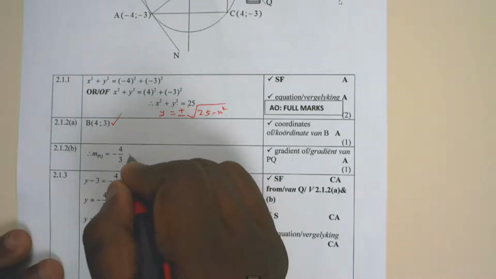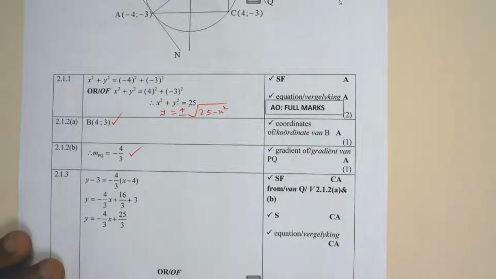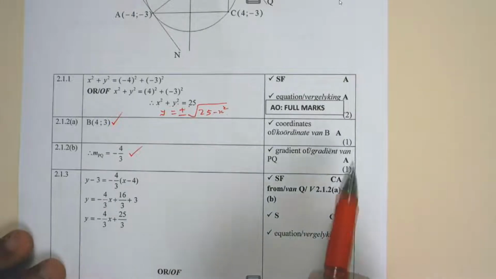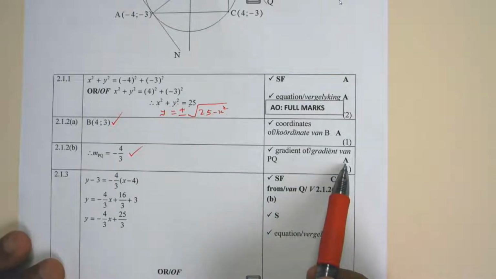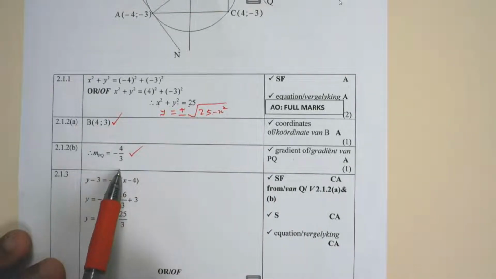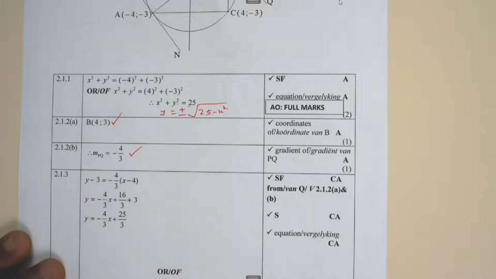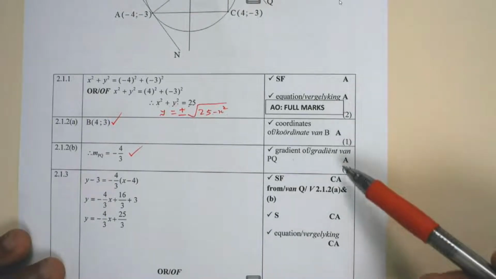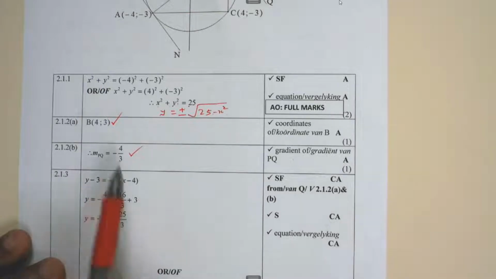The gradient of PQ in this case is negative 4/3. Look, colleagues, it's an accuracy mark. You don't expect any answer except negative 4/3. So in this question, 2.1.1, 2.1.2a, and 2.1.2b, all of them are accuracy marks. Therefore, these are the only answers expected.